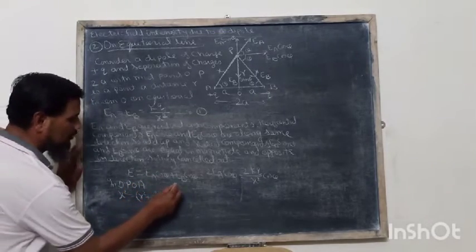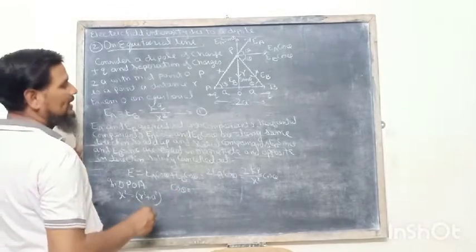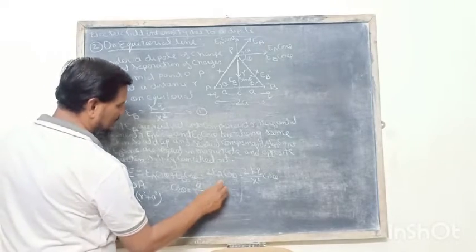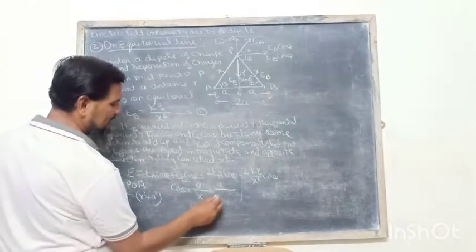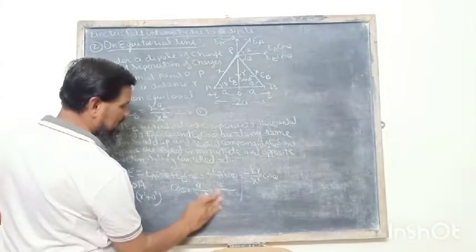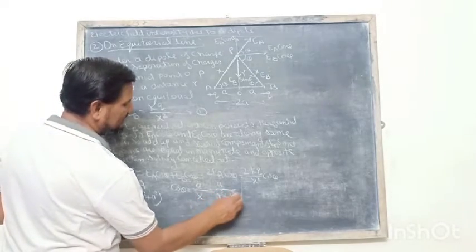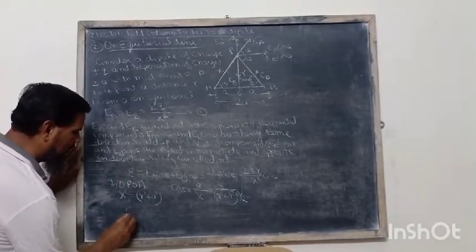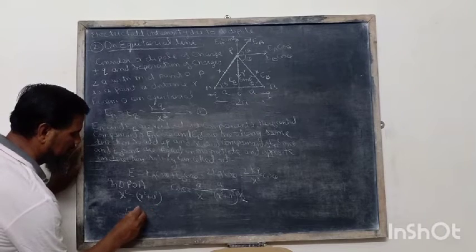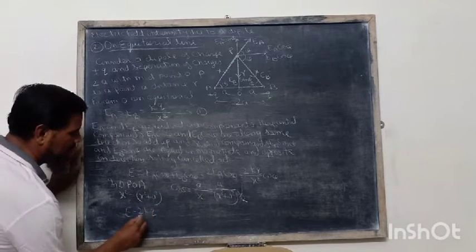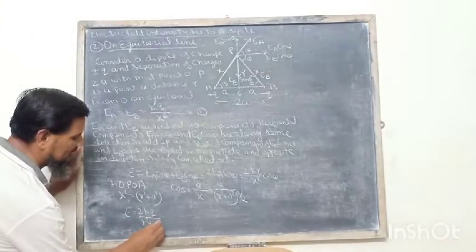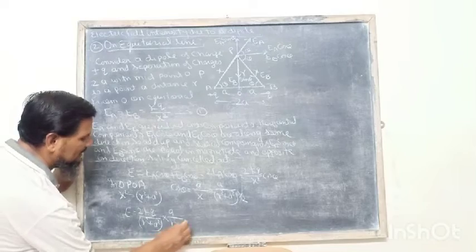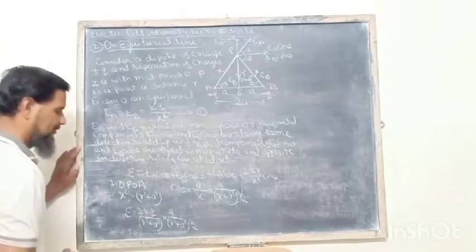And cos theta is equal to base upon hypotenuse, meaning a upon x, and the value of x according to this is r square plus a square power half. When we put all values, E is equal to 2kq upon r square plus a square, into a upon r square plus a square power half.